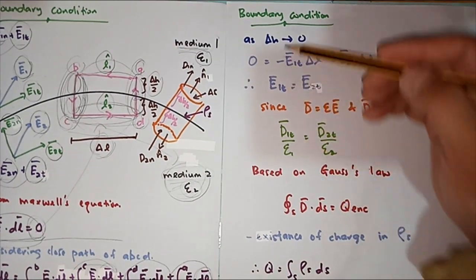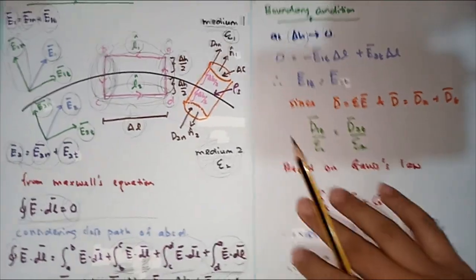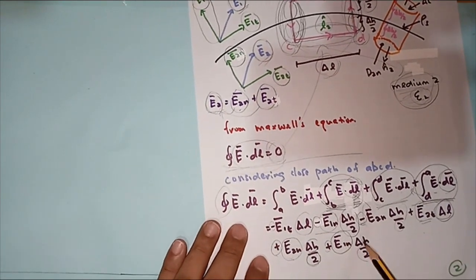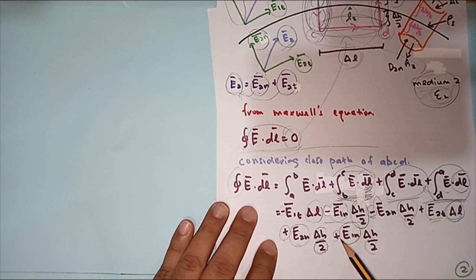If we take the value of delta H to be near 0, this part of the equation will be 0. Whenever a part involves the delta H value, it will become 0.